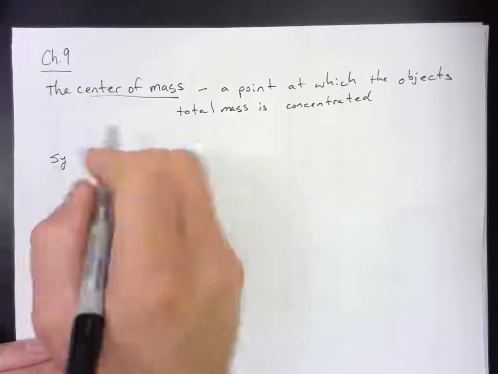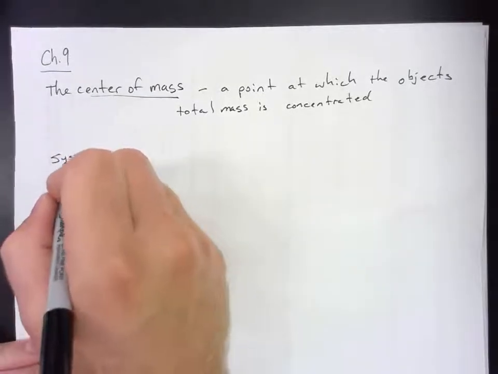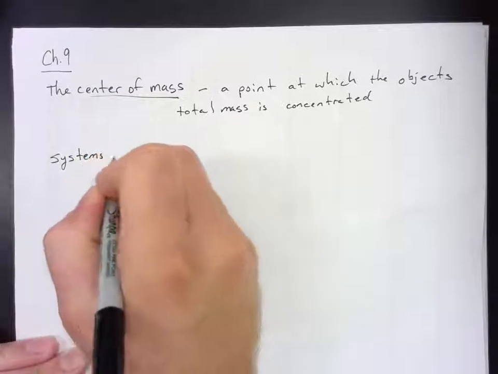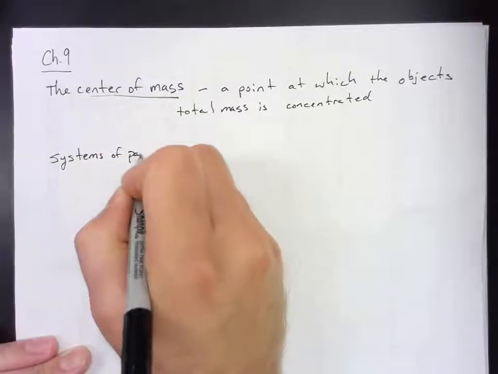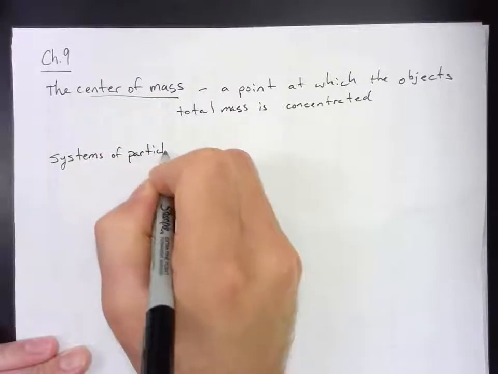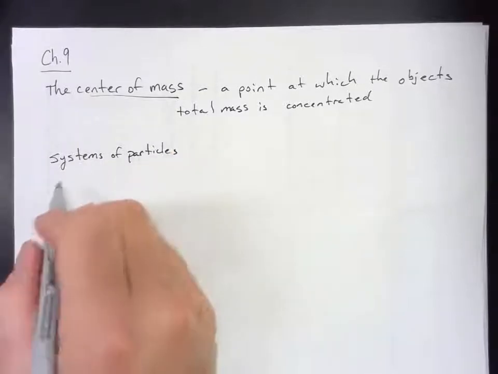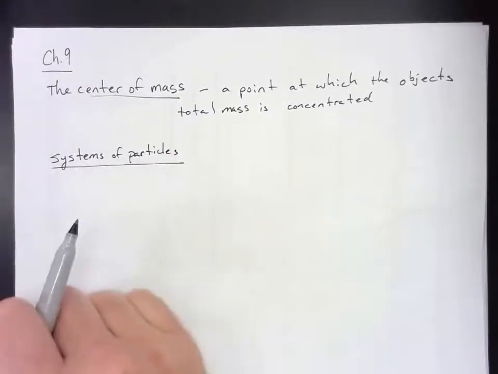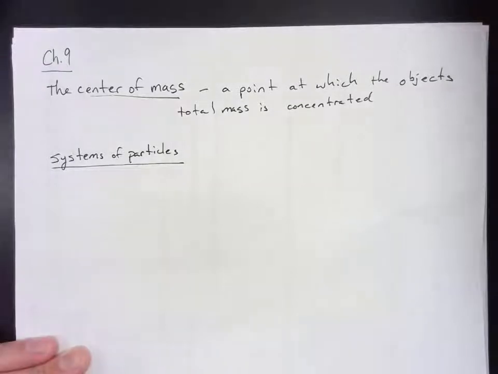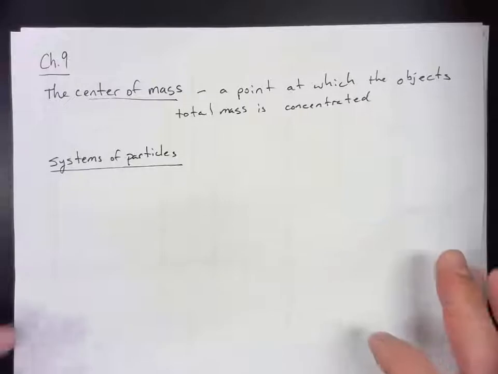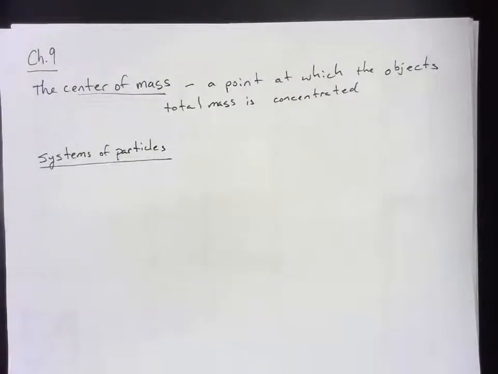If we look at the center of mass of systems of particles, systems of particles just means there are multiple separate masses, right? A particle.